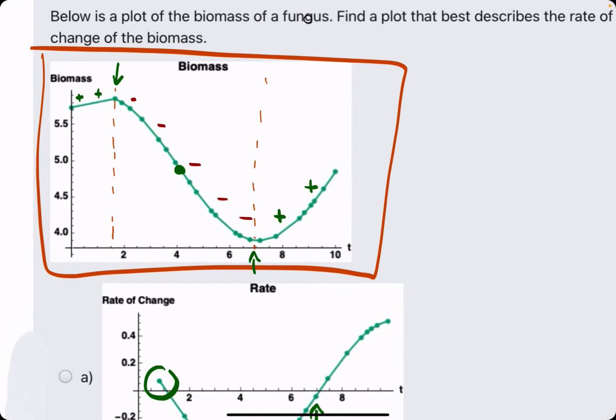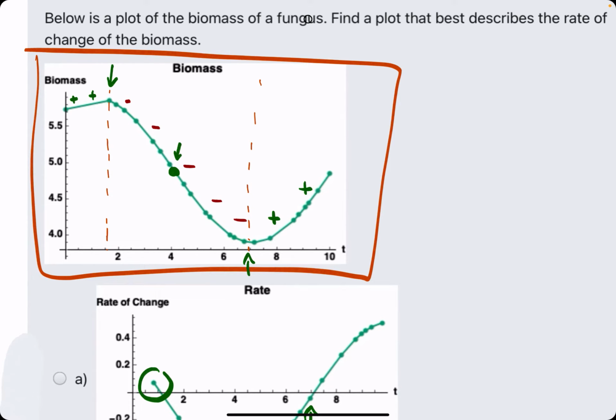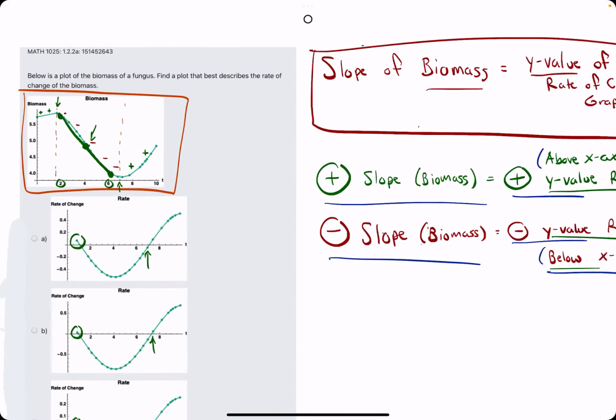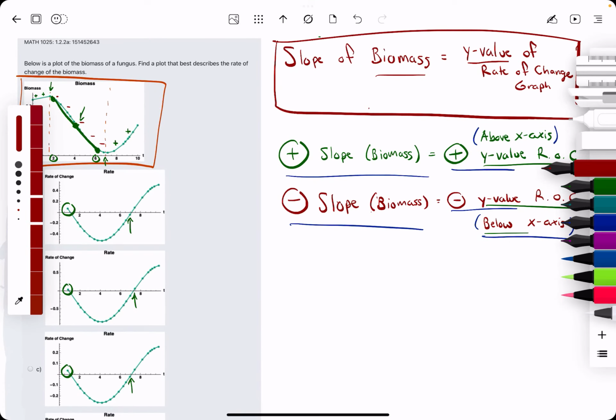So our goal is to find the slope at t equals 4 approximately, and how we will do that is by finding the ordered pair at 6 and the ordered pair at 2. If we find the slope between 2 and 6, that will be a great estimate for the slope right in between them at t equals 4. So let's break it down.